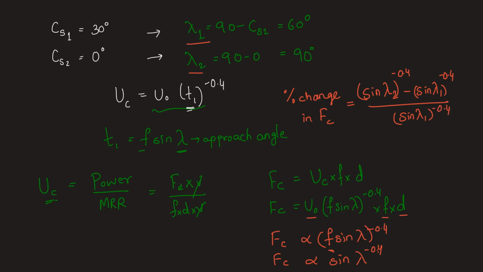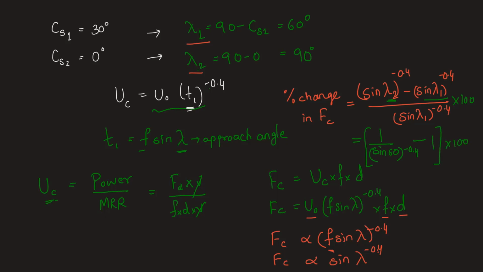Because FC1 is directly proportional to sine lambda 1 to the power minus 0.4 and similar is the case for FC2, just replacing lambda 1 with lambda 2, into 100 will give us the percentage change. So when we put the values of lambda 2 and lambda 1 here, sine 90 is 1. So this term simply becomes 1. We can separate out the denominator. So this term will be sine 90 to the power minus 0.4, which is 1, divided by sine 60 to the power minus 0.4, minus the second term will be 1 itself, into 100.